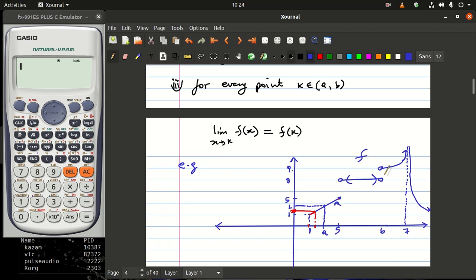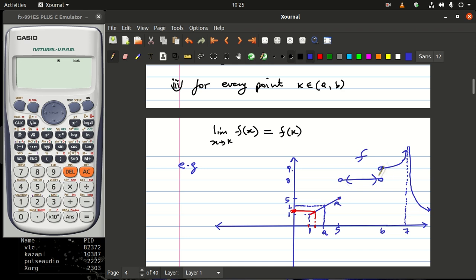And if you look into this function here, you can see that at this point here at 5, we have a jump discontinuity, and at point x equals 6, we also have a jump discontinuity because we are jumping from this function to that function. And also here, even though the function is defined here, we have a jump discontinuity.